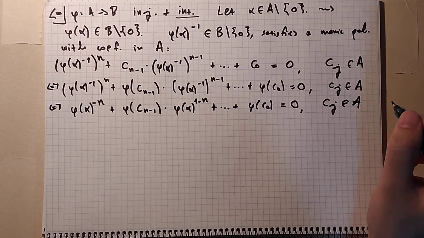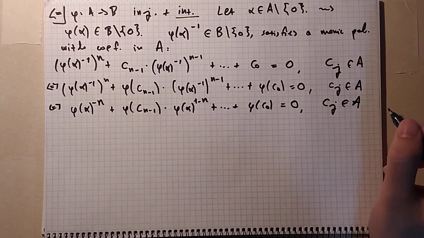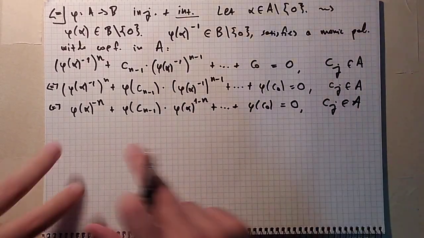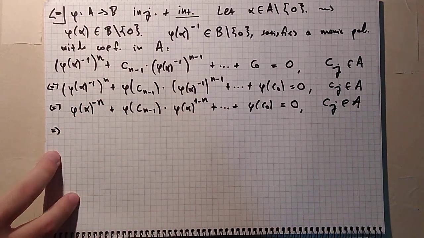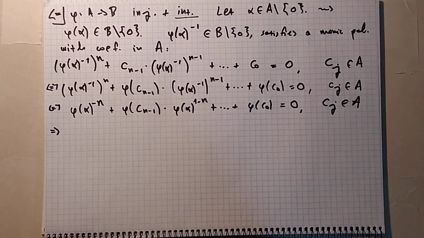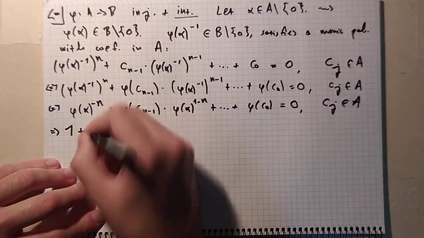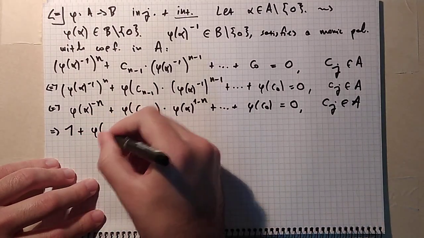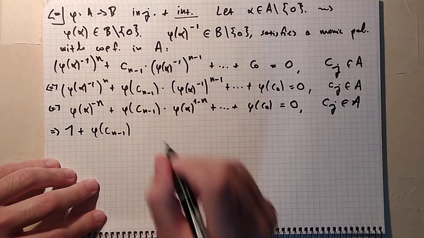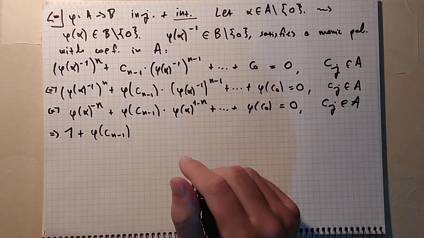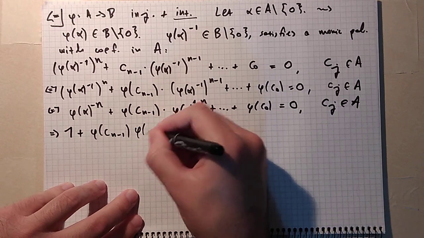Now what I do is simply multiply this equation by phi of alpha to the power of n. So this now becomes 1, and this is not going to change, and this is going to become phi of alpha.